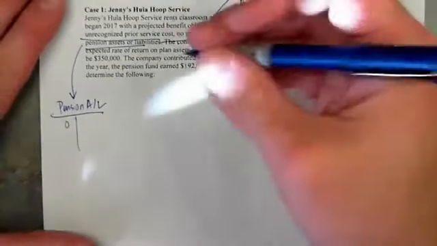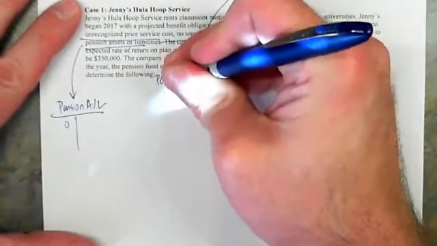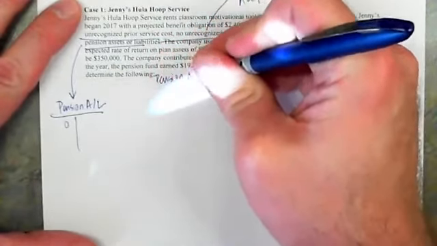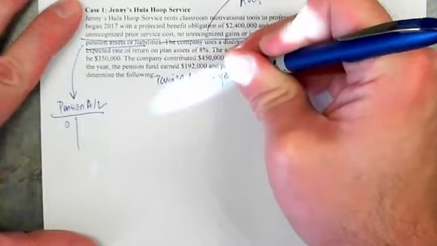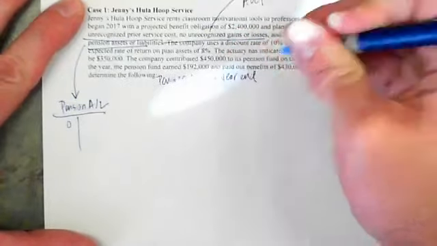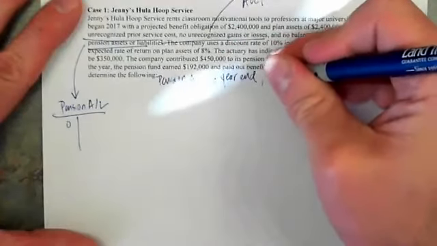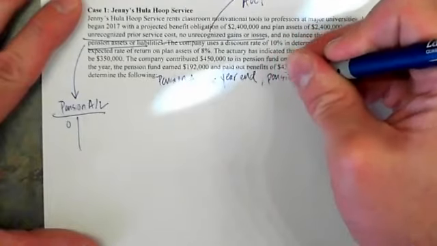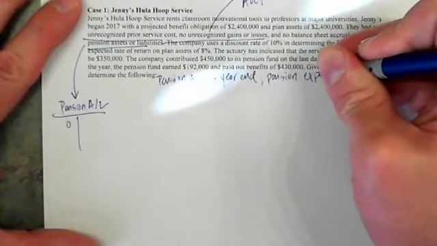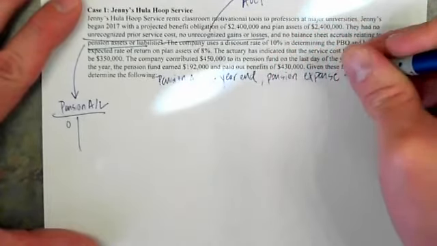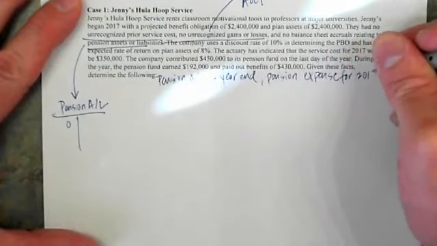So given this, let's determine pension asset/liability at year end. We know it started at 0, but where was it at year end? We also want to figure out what pension expense is for 2017.